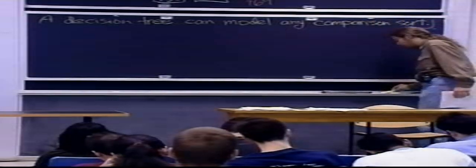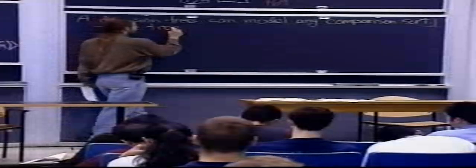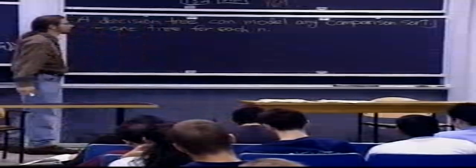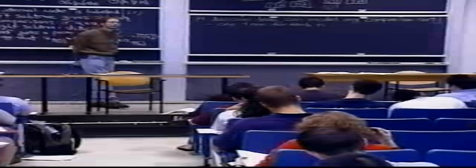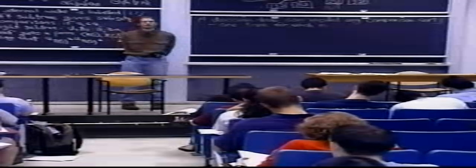Not very thick chalk. Okay. So if I give you any comparison algorithm, I claim you can represent it by a decision tree. Well, actually, not just one decision tree, but you need one tree for every n. Okay. So how do you do it? How do you find the decision tree that corresponds to an algorithm? A comparison algorithm. Any ideas?